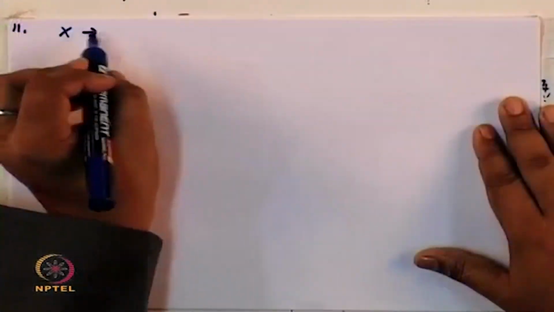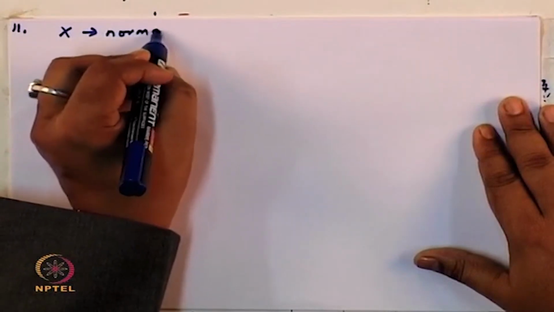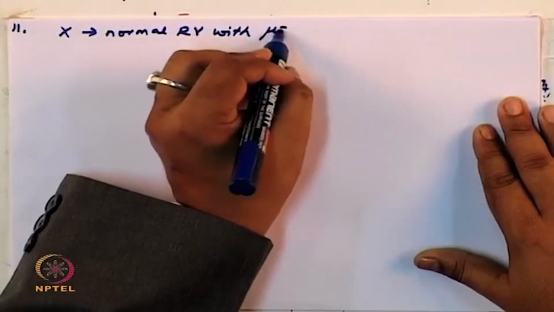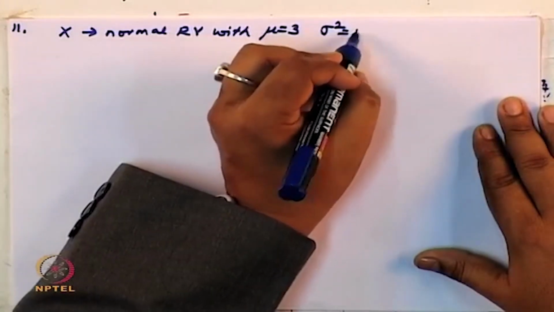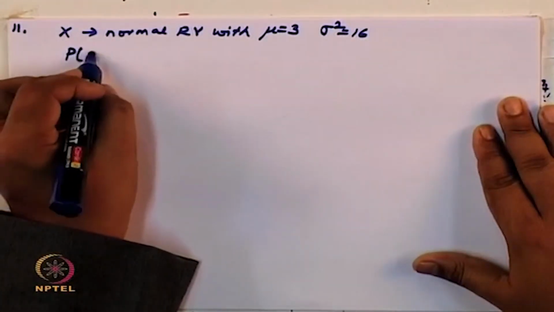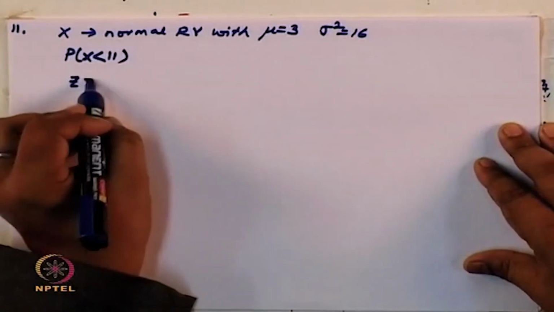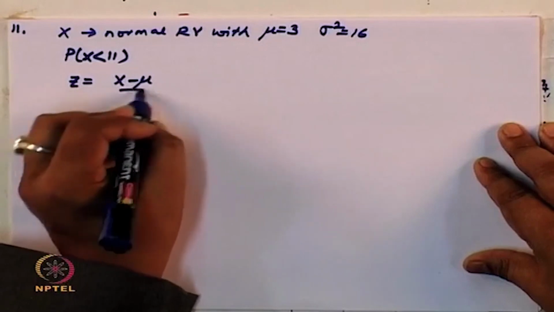Let us just take one sample example. If x is a normal random variable with mu equal to 3 and sigma square equal to 16, we want to calculate the probability of x less than 11. How do I calculate? I just define z equal to (x minus mu) by sigma.